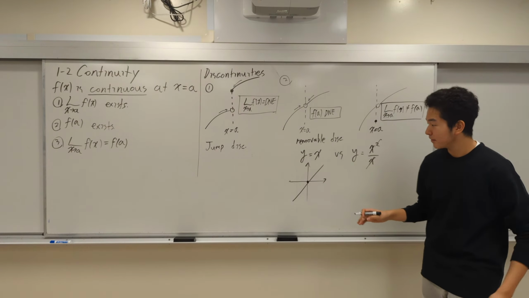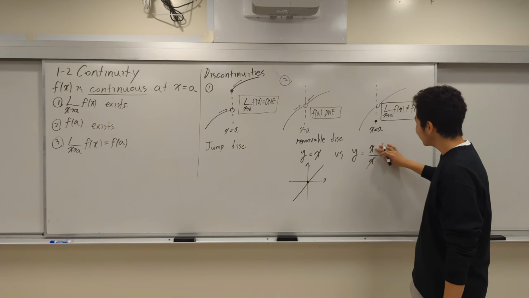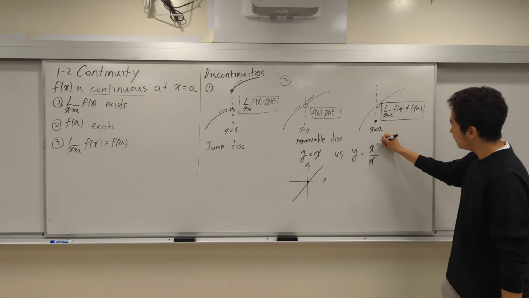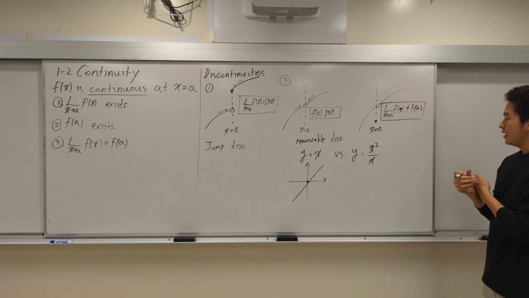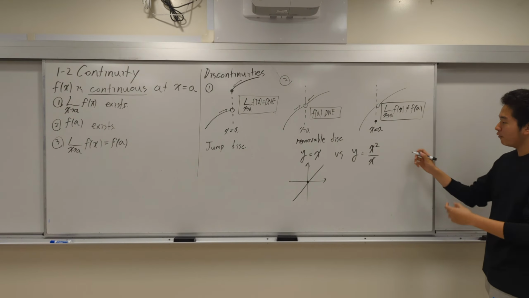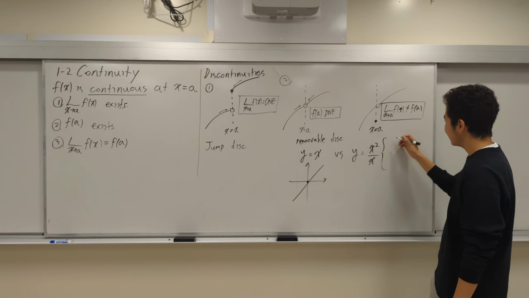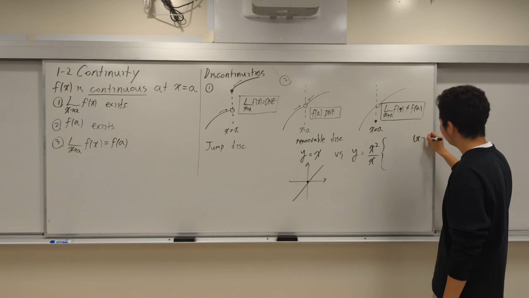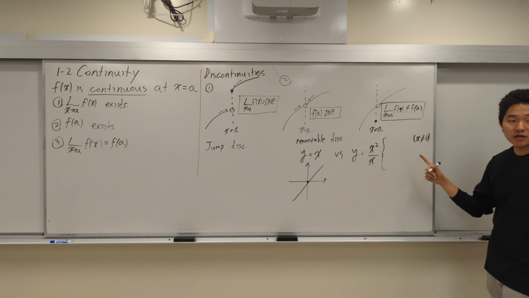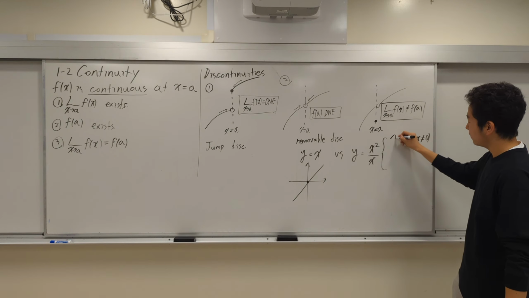But this one, we can't cross it out immediately. And that's what people miss: we have to be careful that when we're crossing stuff out, it's not equal to 0. When this is not equal to 0, then of course we can cancel it out.